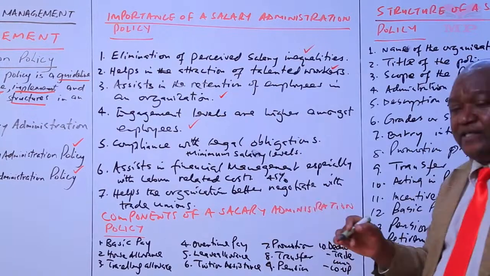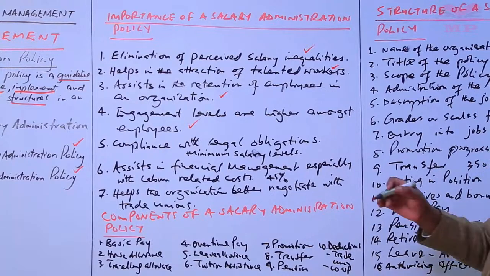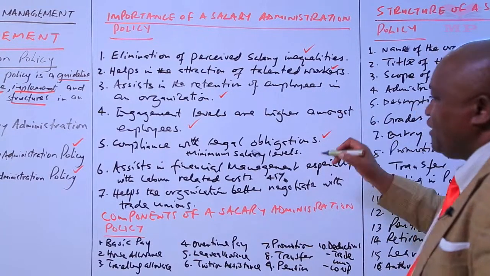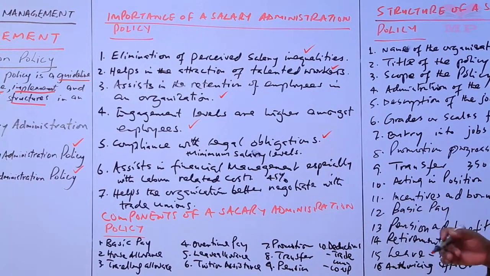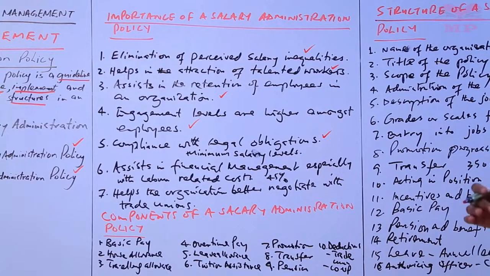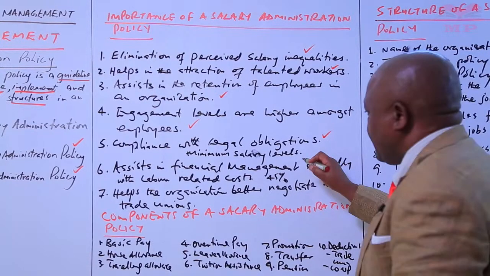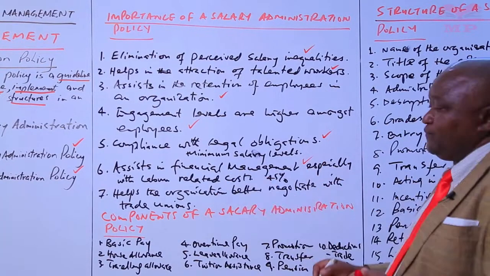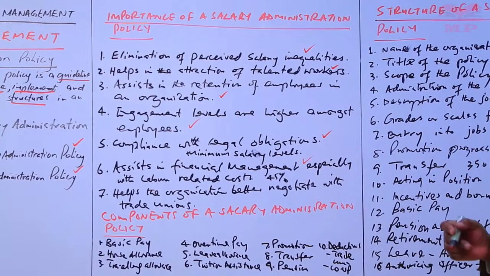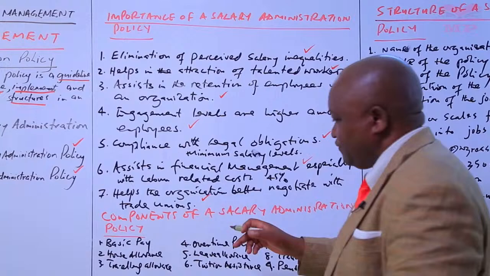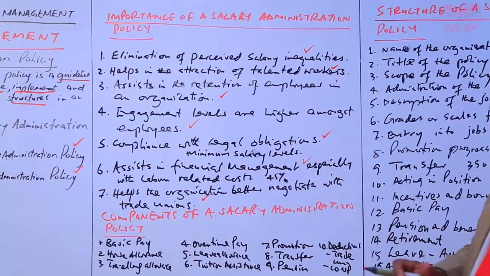Number 5, assists in legal compliance, for example, minimum wage or salary. Number 6, assists in financial management, especially relating to labor issues. Number 7, helps the organization to better negotiate with trade unions. So, dear learner, those ones are just some of the reasons why a salary administration policy in an organization is important.